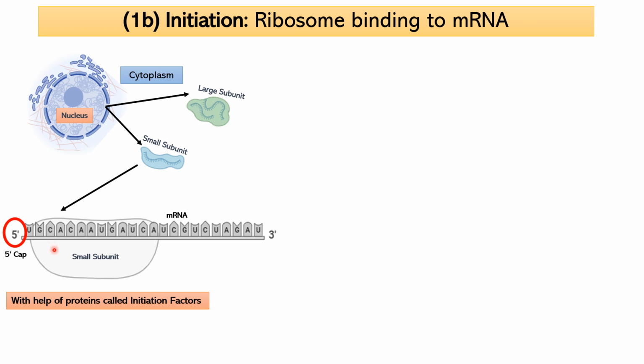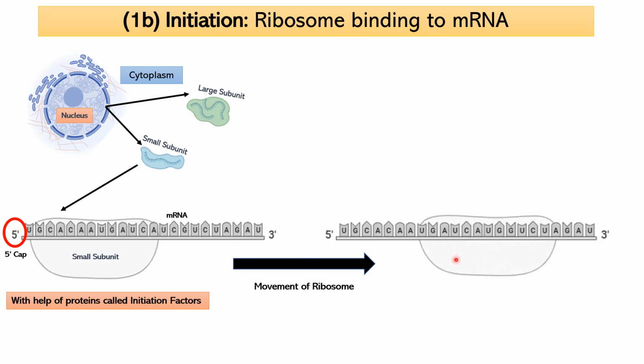So this small subunit will start moving along the mRNA in the direction from 5' to 3', until it finds a very specific sequence, which we call a start codon. If you remember the table that I showed you earlier, there are start codons and stop codons.